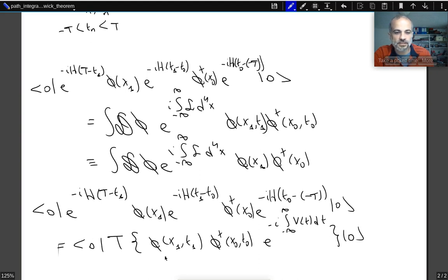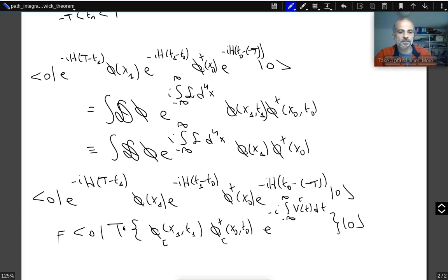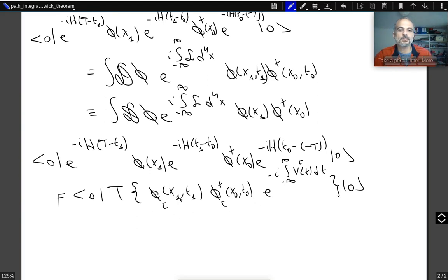This is in the interaction picture. So basically, we now know how to write these time ordered products in terms of path integrals.